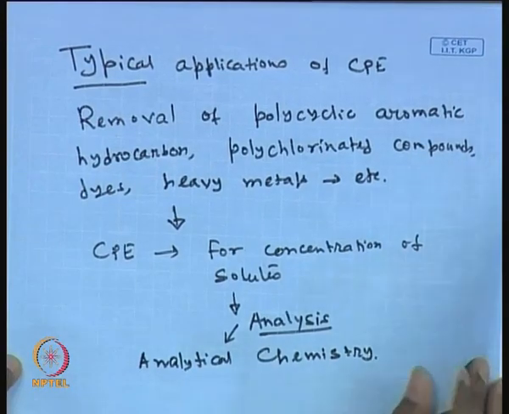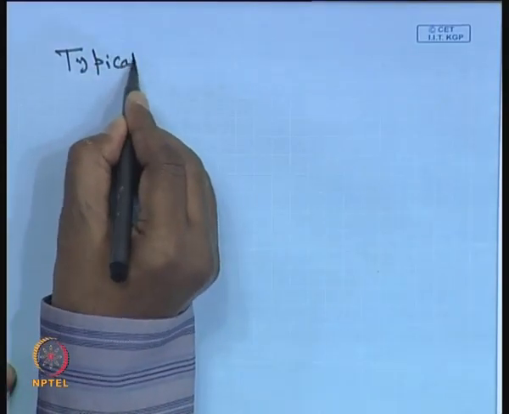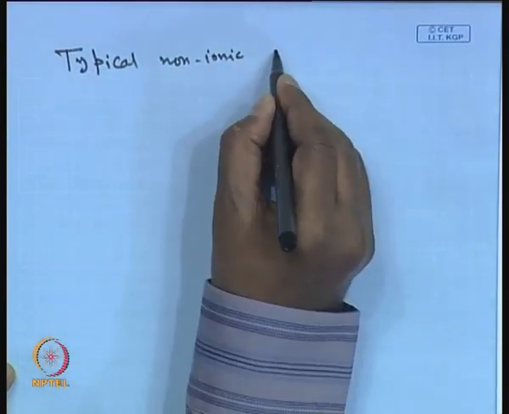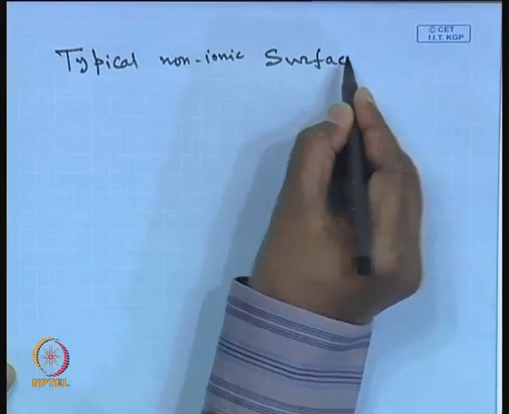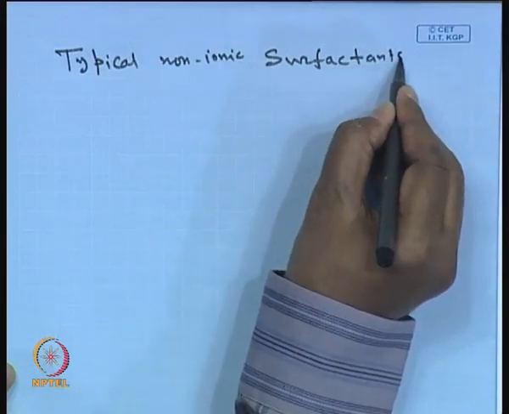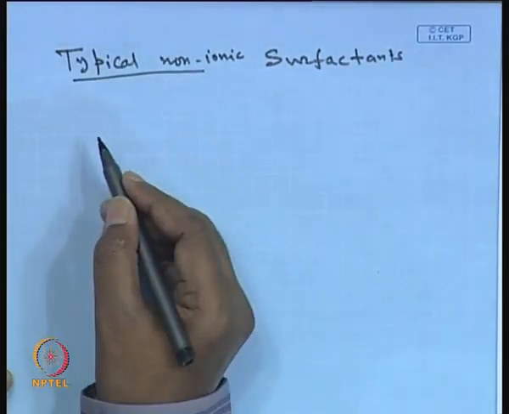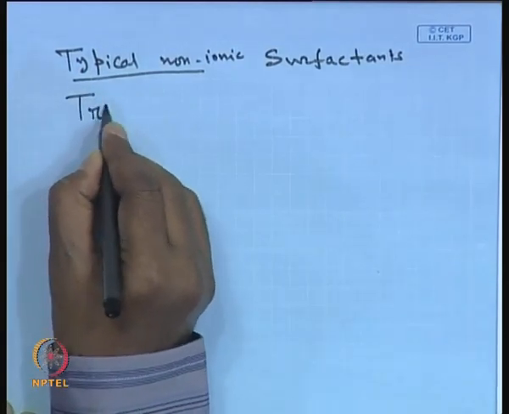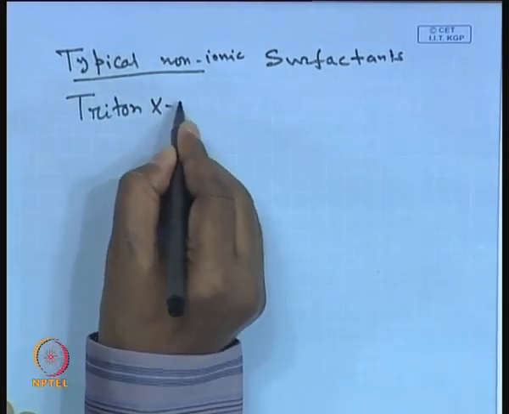Now, let us look into some of the typical non-ionic surfactants. The first and well-studied non-ionic surfactant is known as Triton X100.